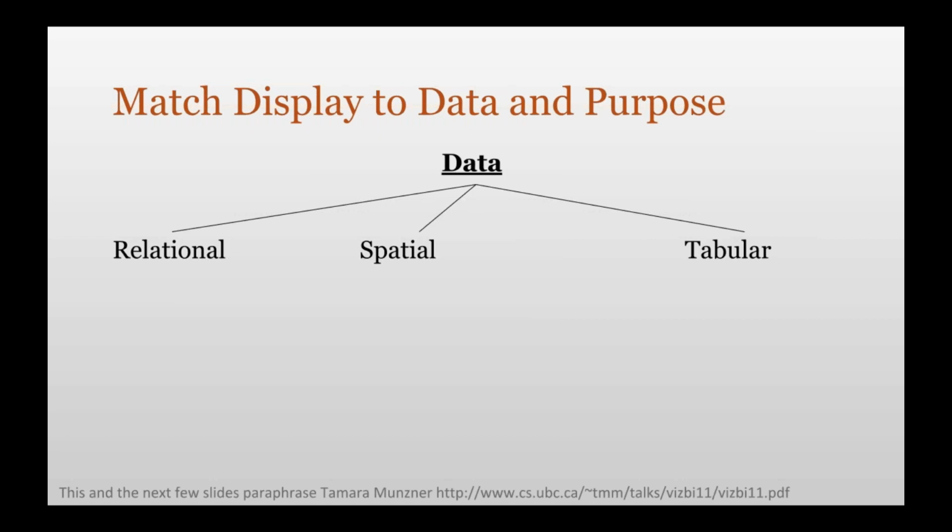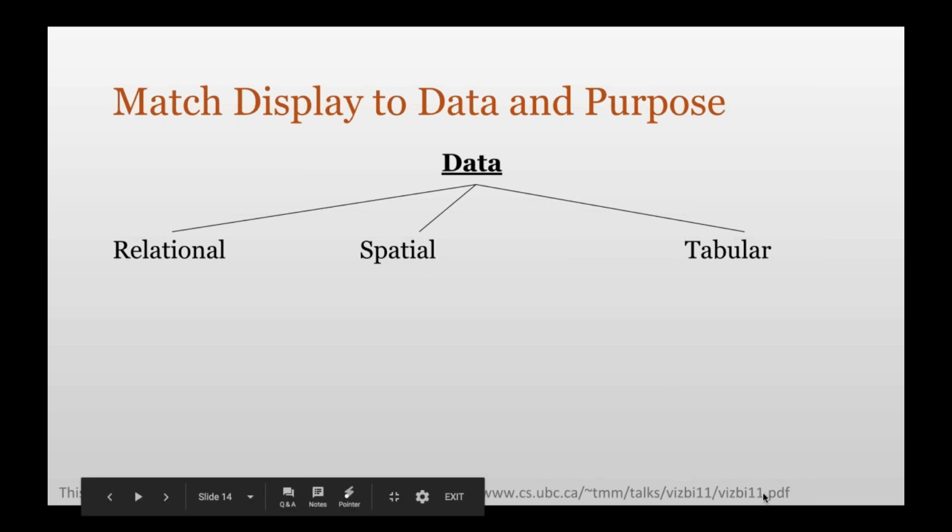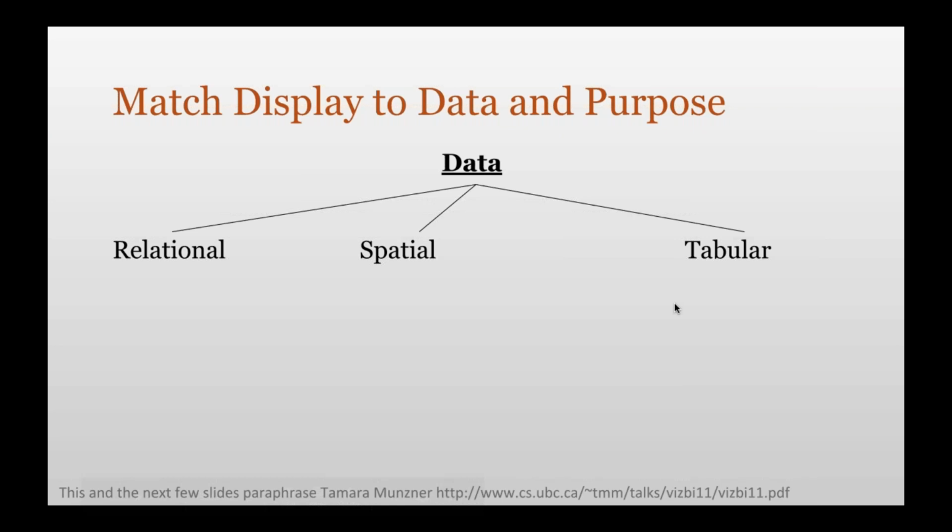So in terms of thinking about data and purpose, with this we're getting more into a few slides from Tamara Munzner. This link should be in GitHub already, but she gets into more of the specifics of how the brain understands visual stimuli, and how that really affects understanding in terms of data visualization.